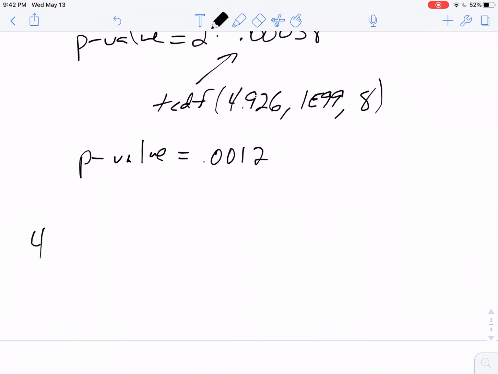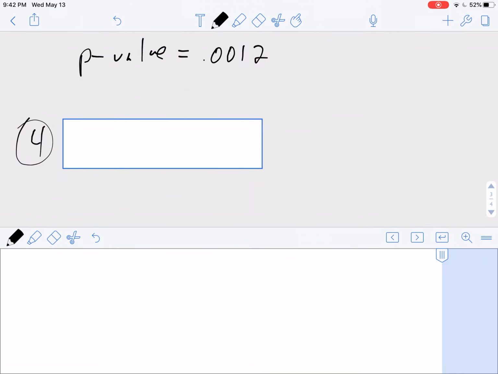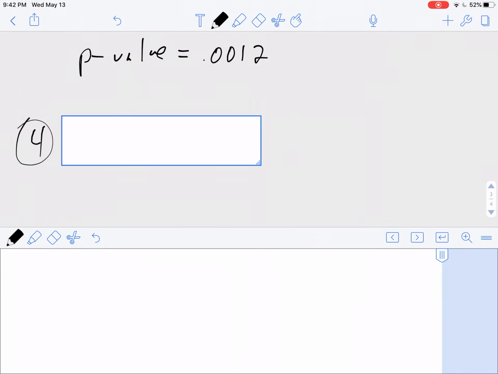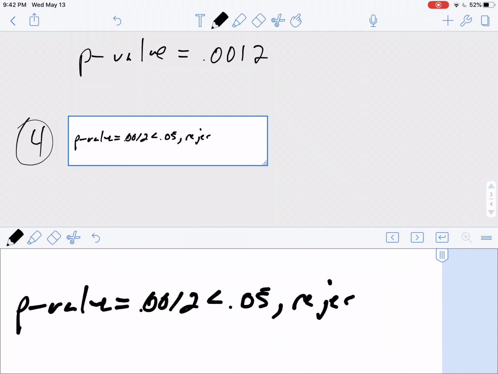So in step 4, I'm going to go ahead and do this. My p-value of 0.0012 is less than 0.05, which will allow me to reject the null.